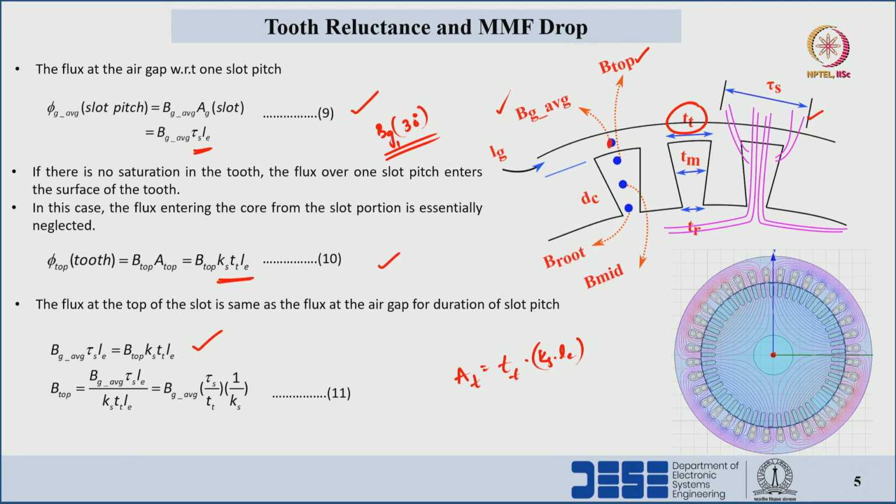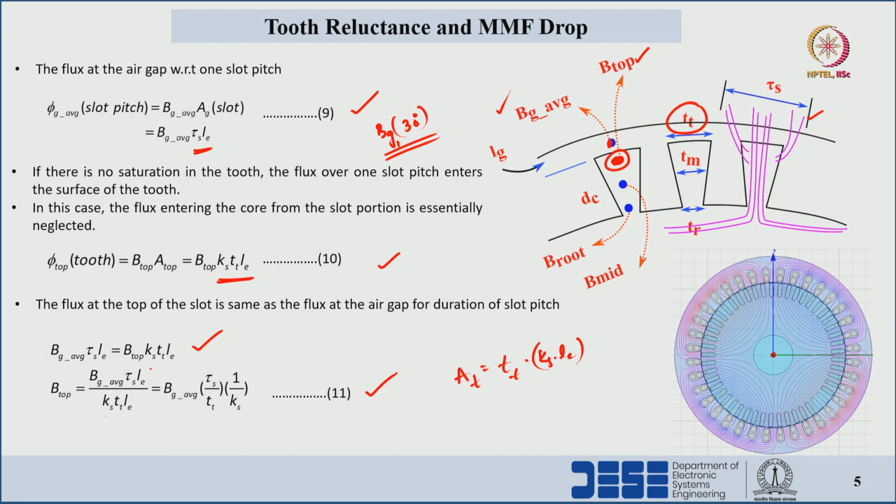Then the flux density at the top side of the tooth, B top, in terms of Bg average gives equation number 11. Bt top is equal to Bg average into slot pitch into core length, divided by Ks, the stacking factor, into Tt, the width of the stator tooth, and Le.